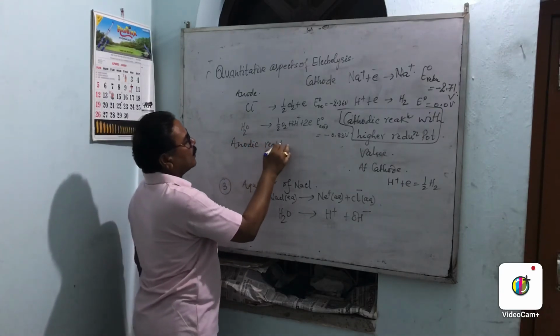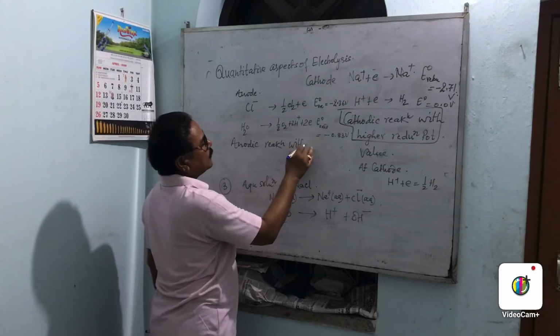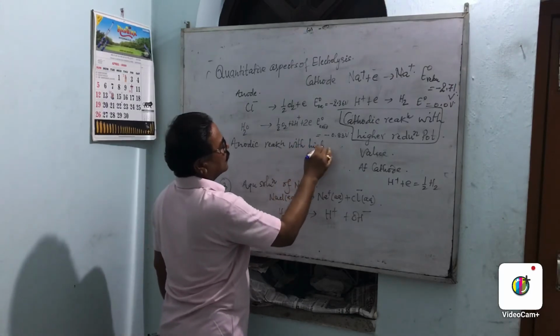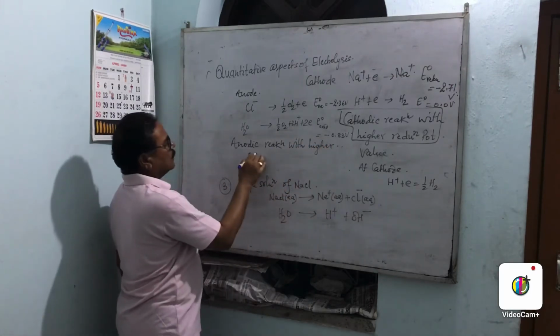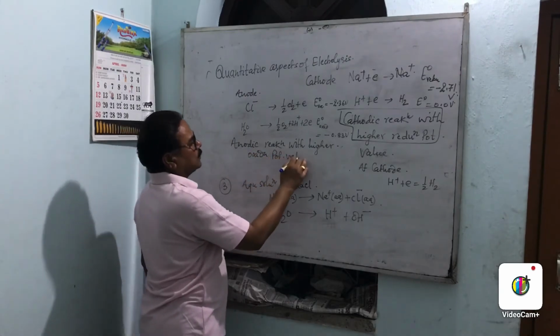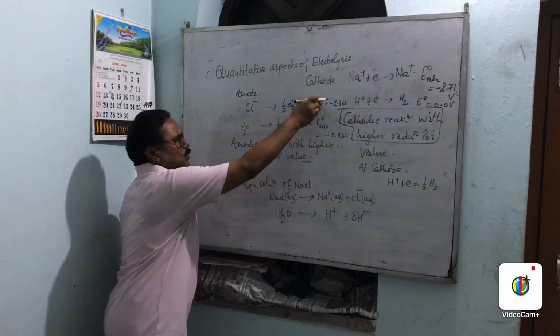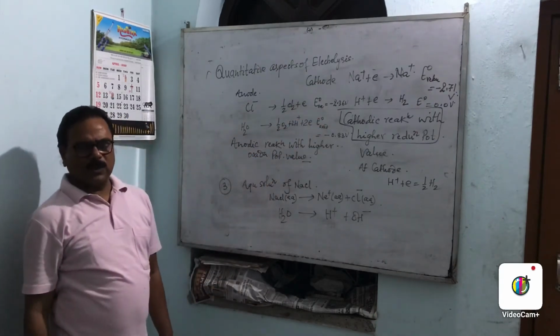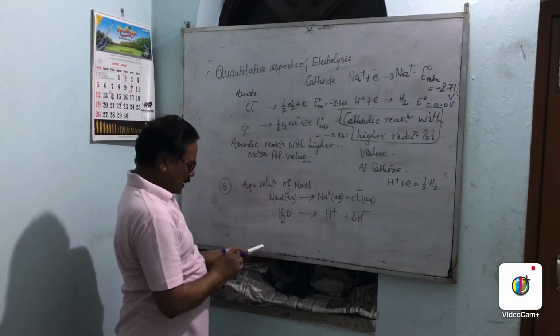So if you see the two values, which reaction will take place at the anode?